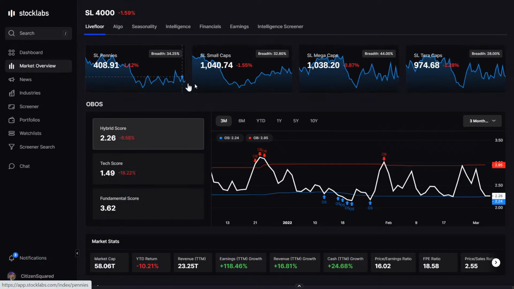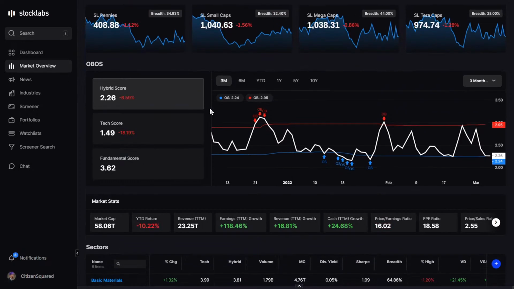So you can think of it as the best small caps, the best mega caps. By best, I mean most actively traded, and then you can get a snapshot of what the overall breakdown is in the market as far as performance pretty quickly.